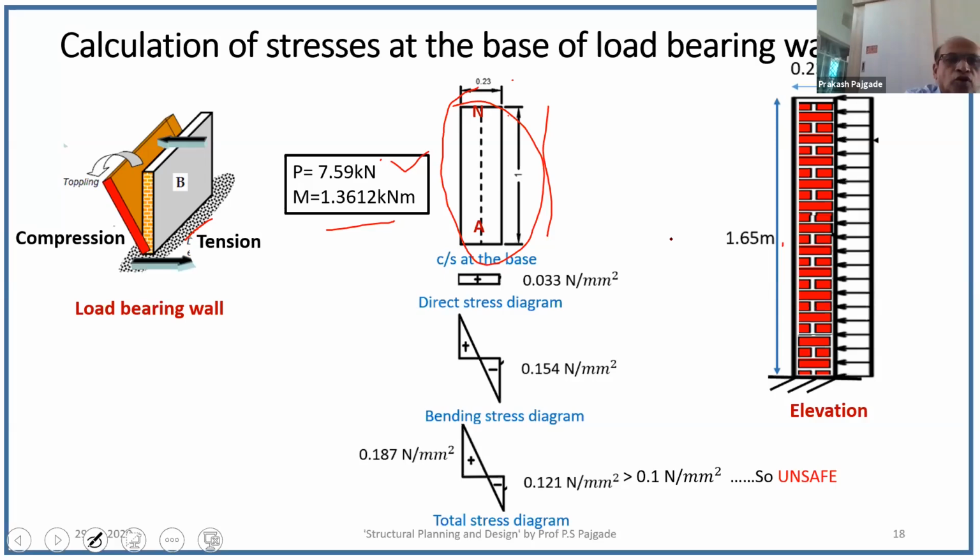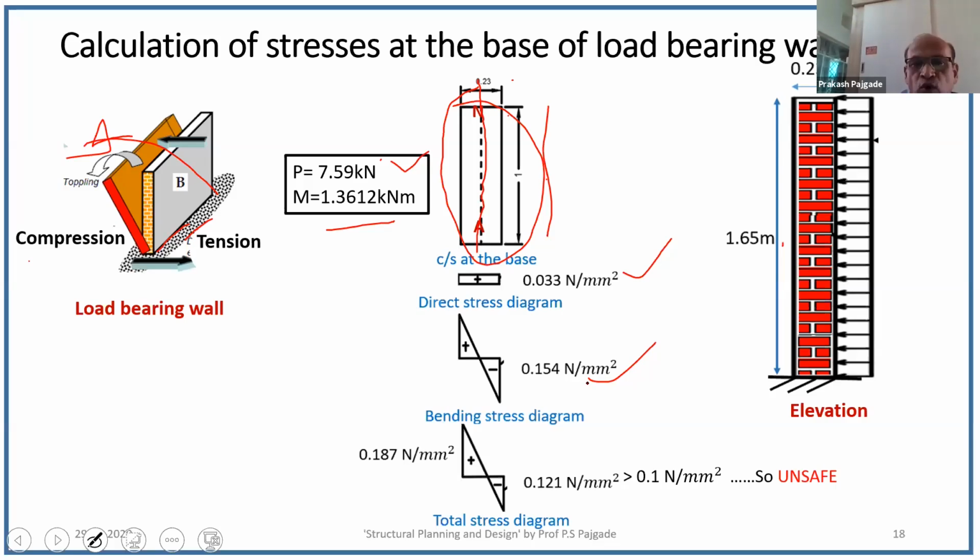Now, because of direction of wind, tension will be developed on this face and compression on the other face. And by using M by Z, we can calculate the value of stress. Now, remember, this vertical axis will be the neutral axis, and moment of inertia will be 1 into 0.23 cube by 12. So by doing the calculation M by Z, we can calculate the value of bending stress at the base.